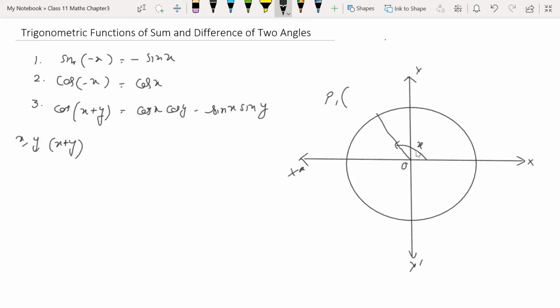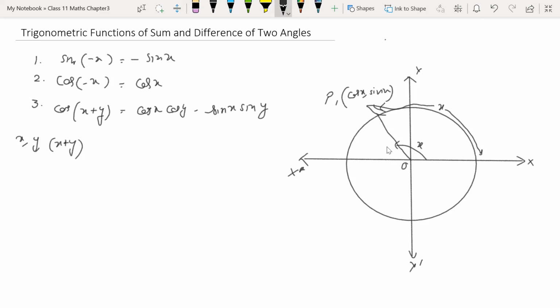P1 is for the angle x, which means cos x, sin x are the coordinates for this. And this is a unit circle, hence it is equivalent to x.